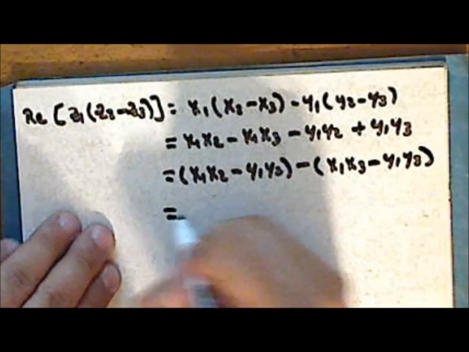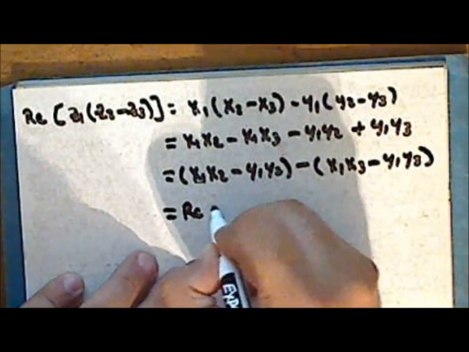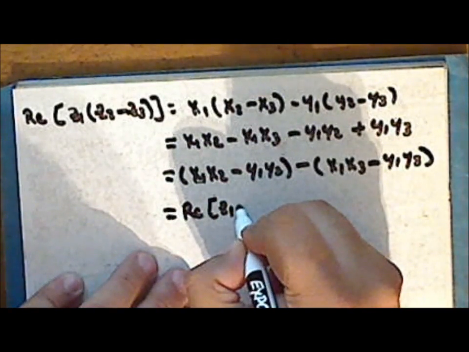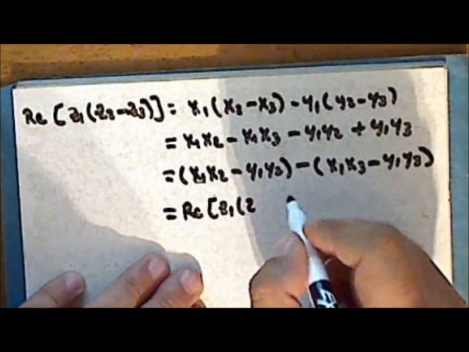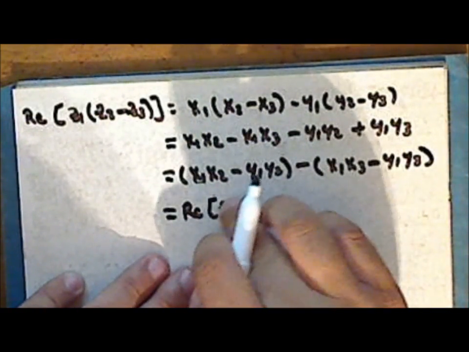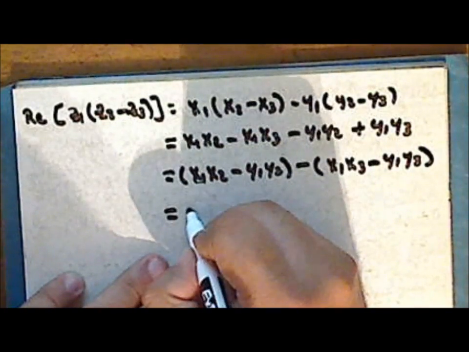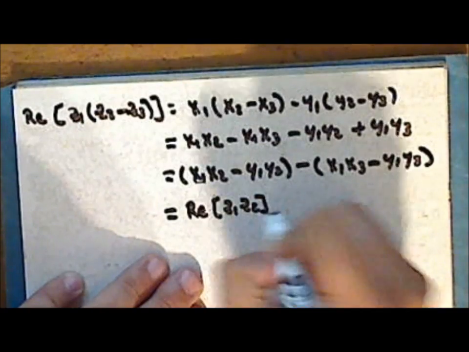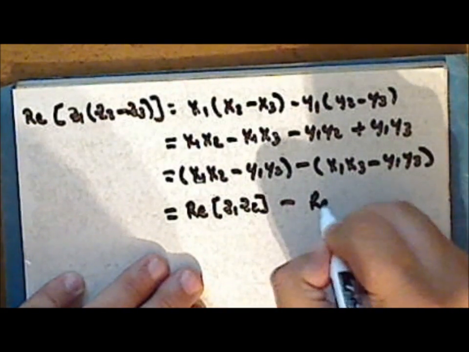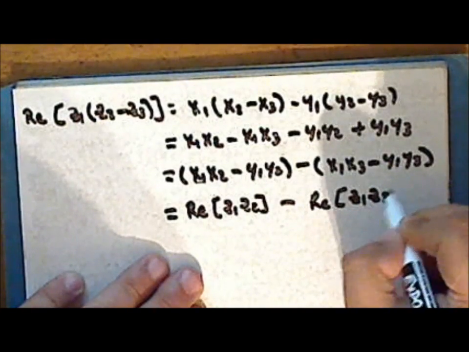And so this first term is the real part of the product of z1 and z2, and the second term is the real part of the product of z1 and z3.